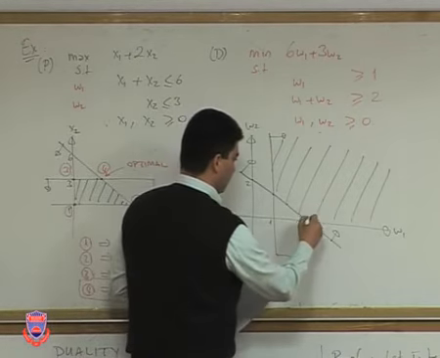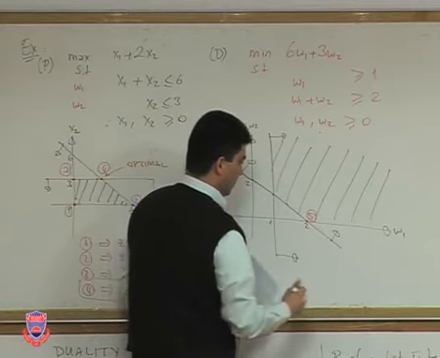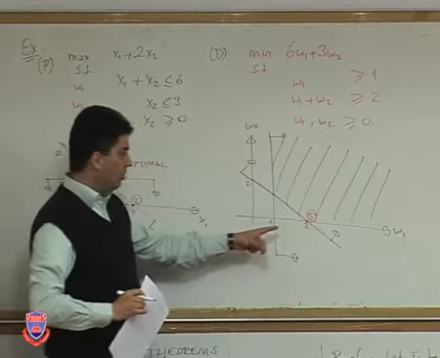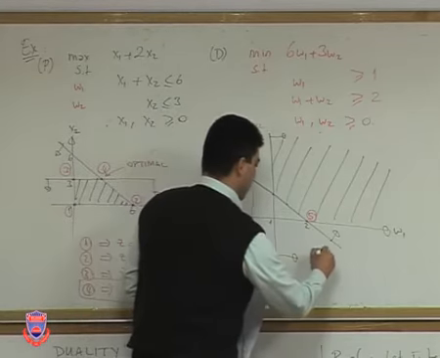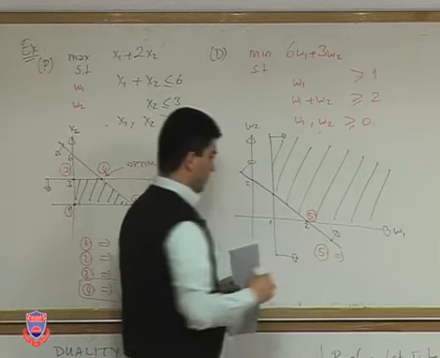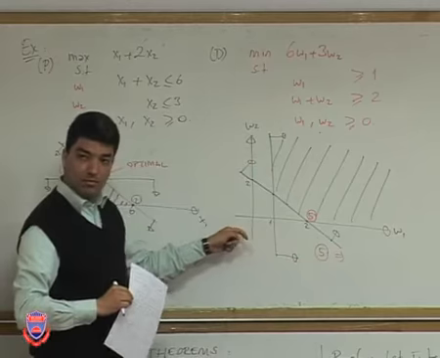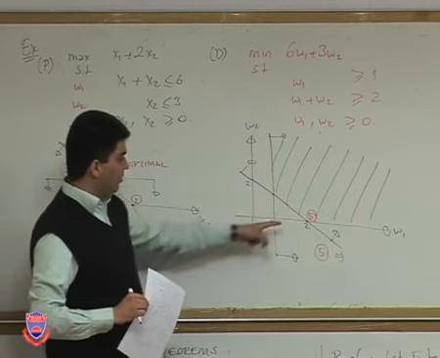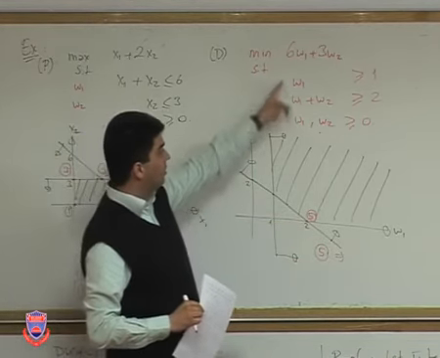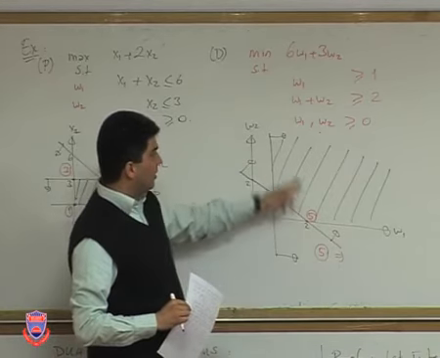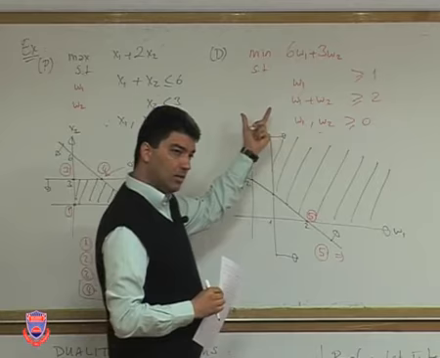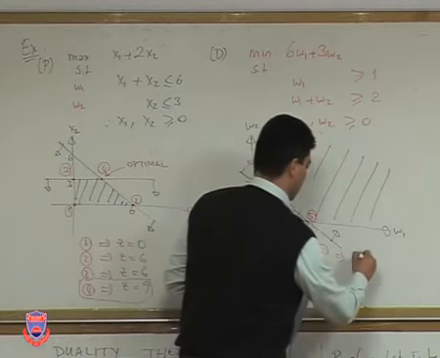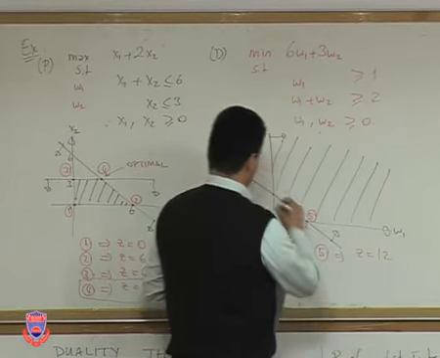All right, so let me call this corner point 5. So now we're looking at the dual problem. So I'm going to look at the objective function of the dual problem, right? Okay. So at 5, the coordinates are given by 2 and 0, right? So what's the corresponding objective function value? If you plug in 2 and 0 into the objective function, you get 12, basically, right? All right.